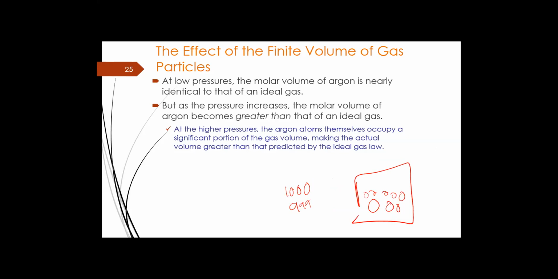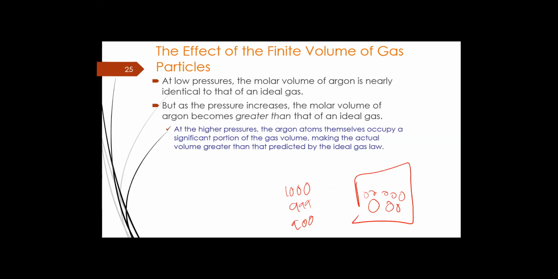So instead of being 999, which is really close to 1,000, we're at 900. That space that they occupy really starts to impact the total volume, because those particles can't be exactly where the other particles are. They take up some of that space.